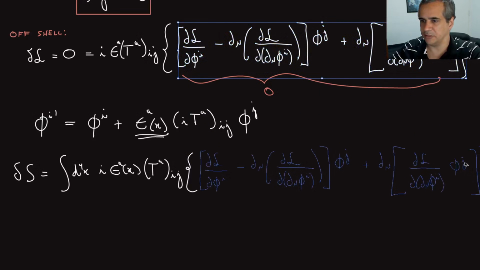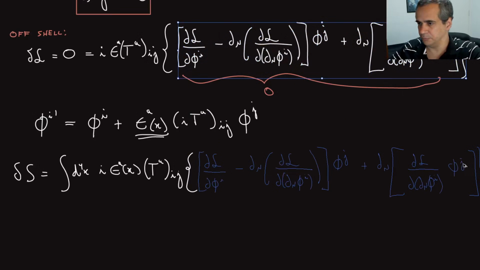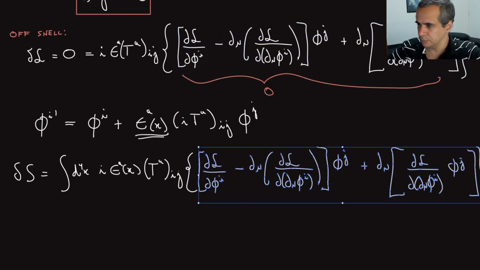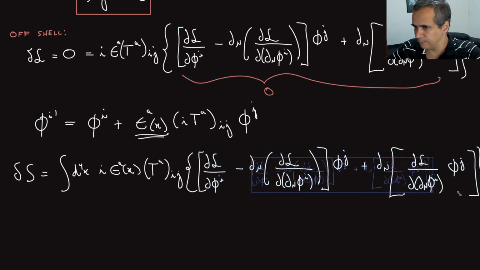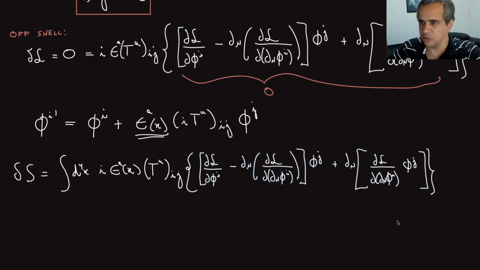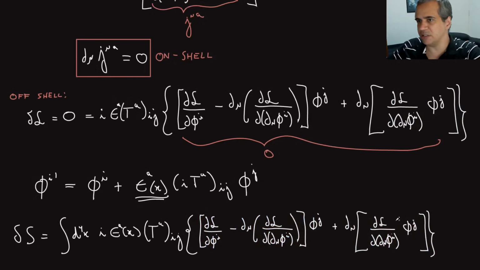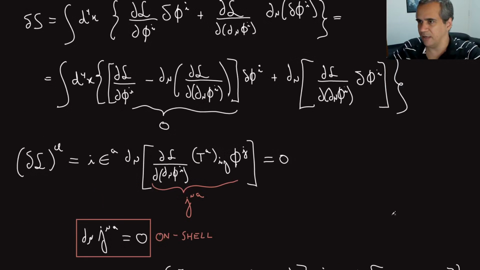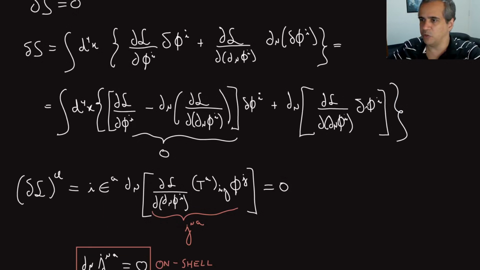Well, this does not change. Let me just fit it on screen. Right? This does not change. The only change is when I wrote this in terms of epsilon. Now there's a product rule, right? Because epsilon does not go through the derivative, right?